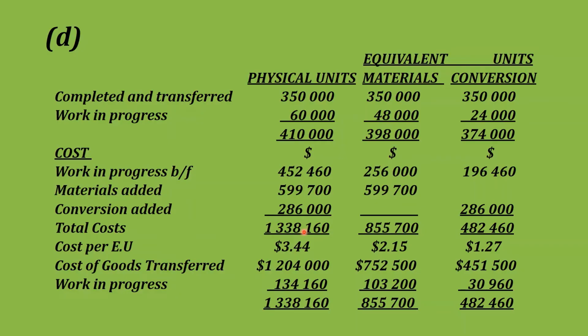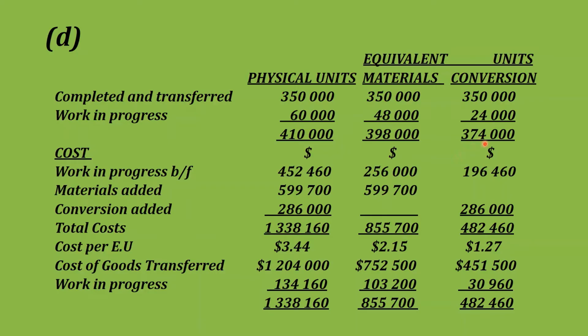Okay, now, a crucial mistake that students make is to take this here and divide it by this to get the cost per equivalent unit here, and that would be a very grave error. How you get the cost per equivalent unit is you do materials and conversion separately. You take the cost here, you divide the cost by the materials units and you get $2.15.